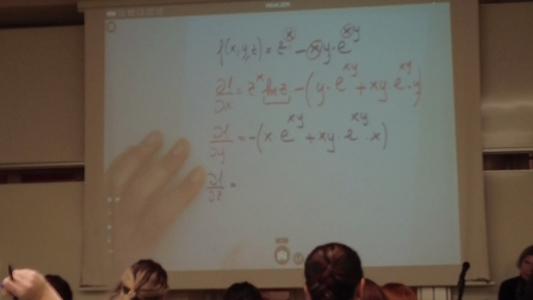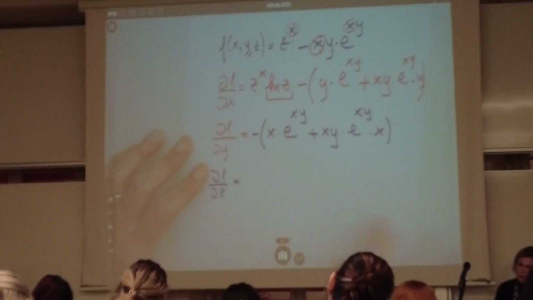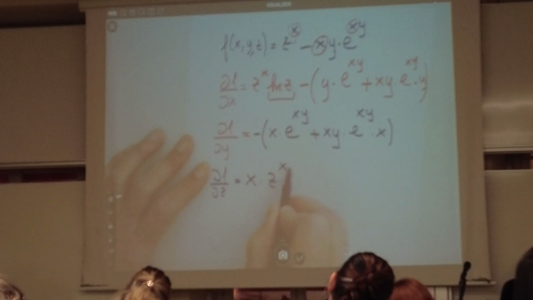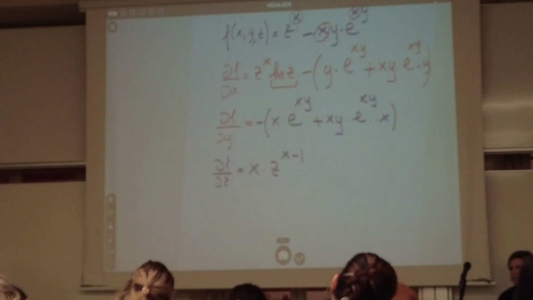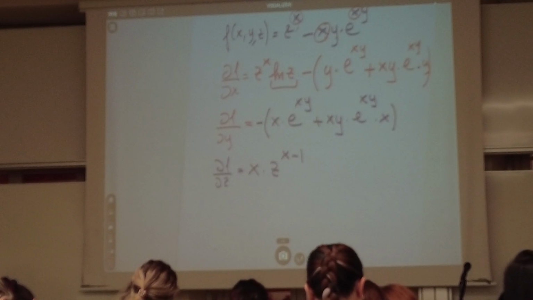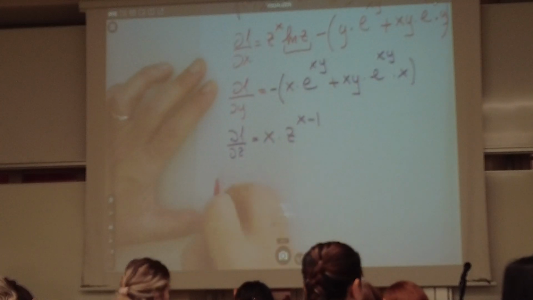So the derivative, please write in capital letters, it's very important. It is x times z with power x minus 1. Because you derive a power rule. Okay? It is no more an exponential function. Another one before that.